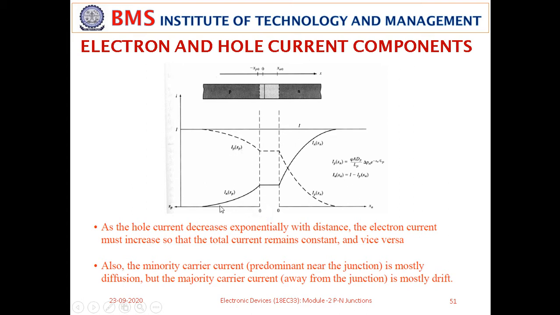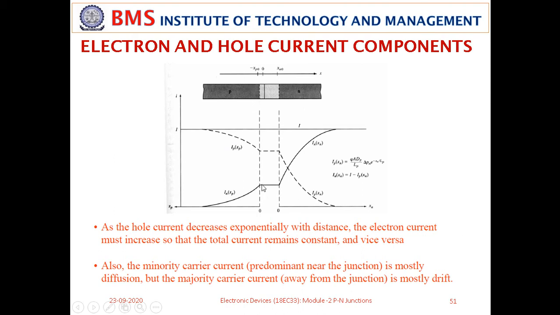As you move deeper, Ip of xp keeps increasing. If you move from xp all the way to 0, the hole current keeps decreasing, because the holes get attracted to the n side. So diffusion of charge carriers takes place here, therefore it reduces near the depletion region.